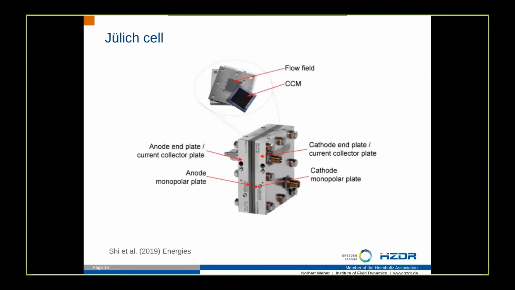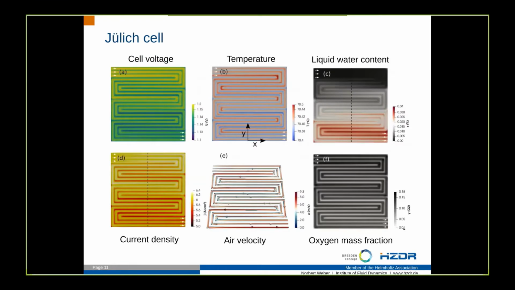Now I would like to show you two examples, two real cells, which I simulated with this model. The first one you can see here. It was operated at the research center in Jülich and used basically pure air and hydrogen at a temperature of 70 degrees. And here in these images, you can see a few results.